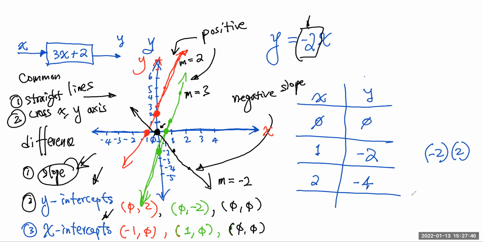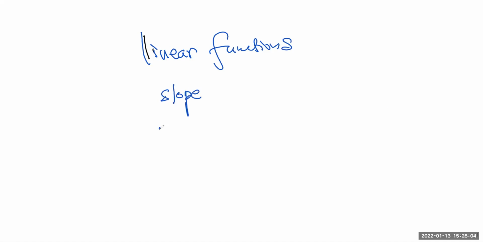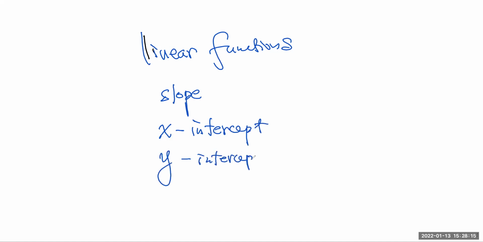So basically, to recap, what's important about linear functions, or their properties, is first of all their slope, then their x-intercept, where they intercept the x-axis, and then the y-intercept.